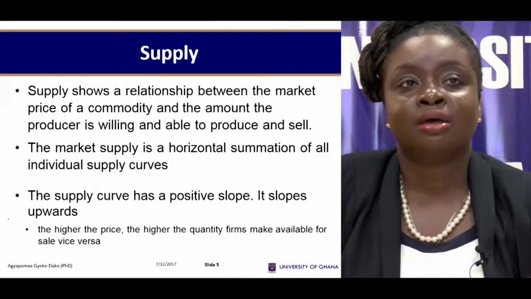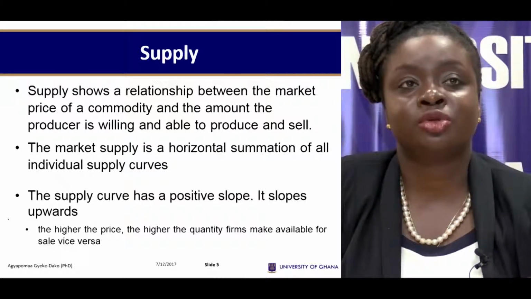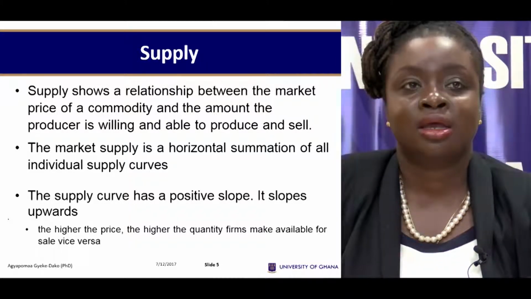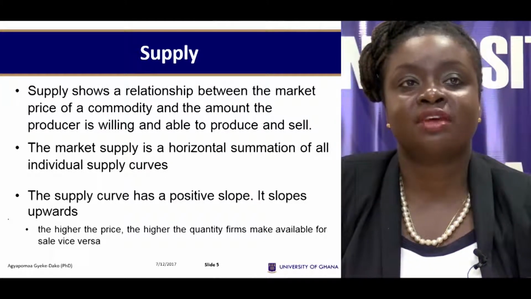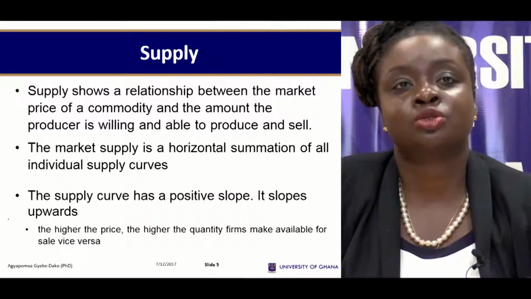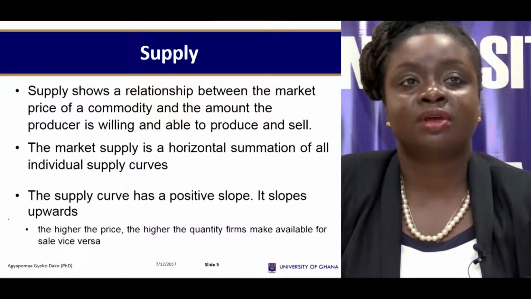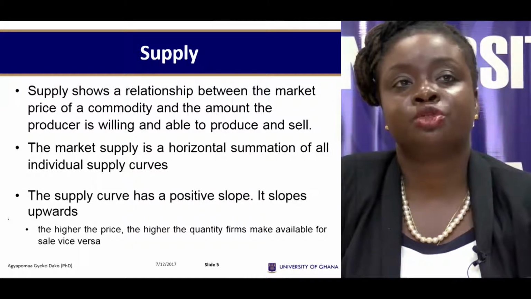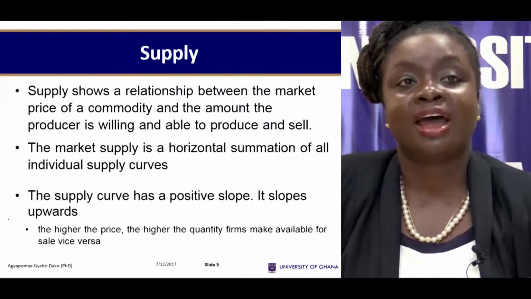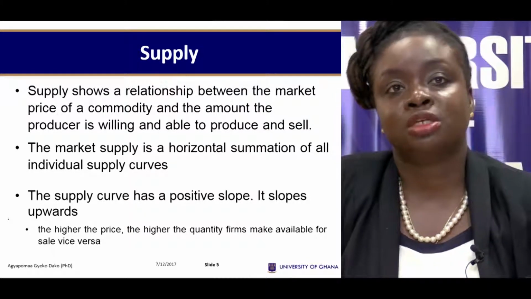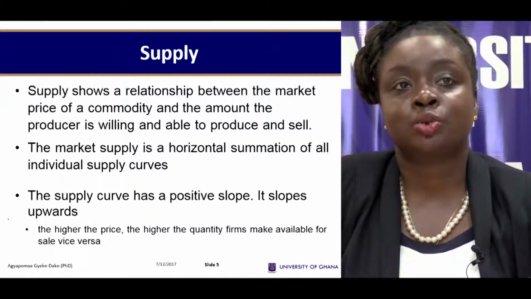Because remember, the most important intention of a producer is to make profits. So if the price was high, that meant that the producer was going to be making lots of profits. So that would serve as an incentive for the producer to put more on the market for sale. So we expect generally a positive relationship between the price of a product and how much producers are willing and able to put on the market for sale. The opposite is true if the price was low.